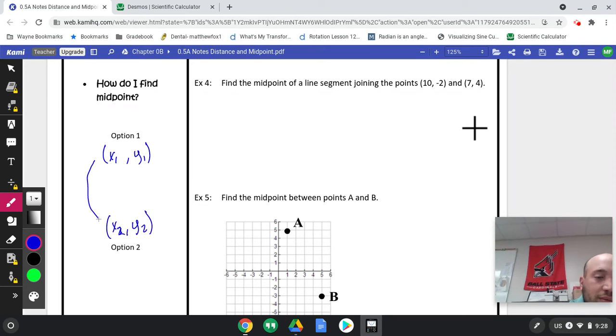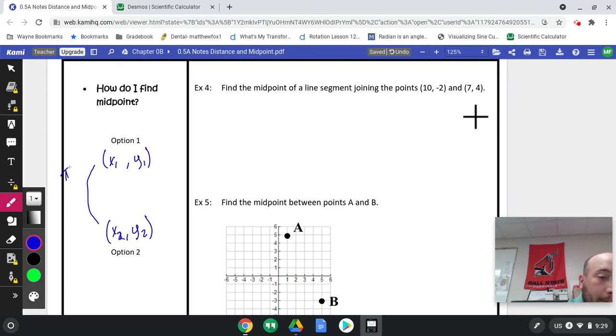You find the distance between those, the total change, and then each of these will be the half change between it. So half of that change. That'll tell you what the midpoint is.